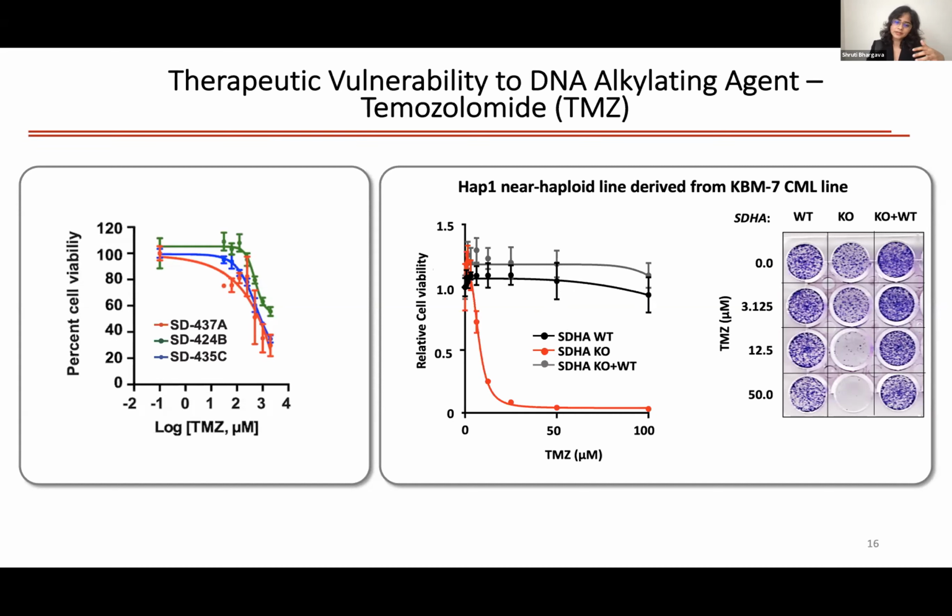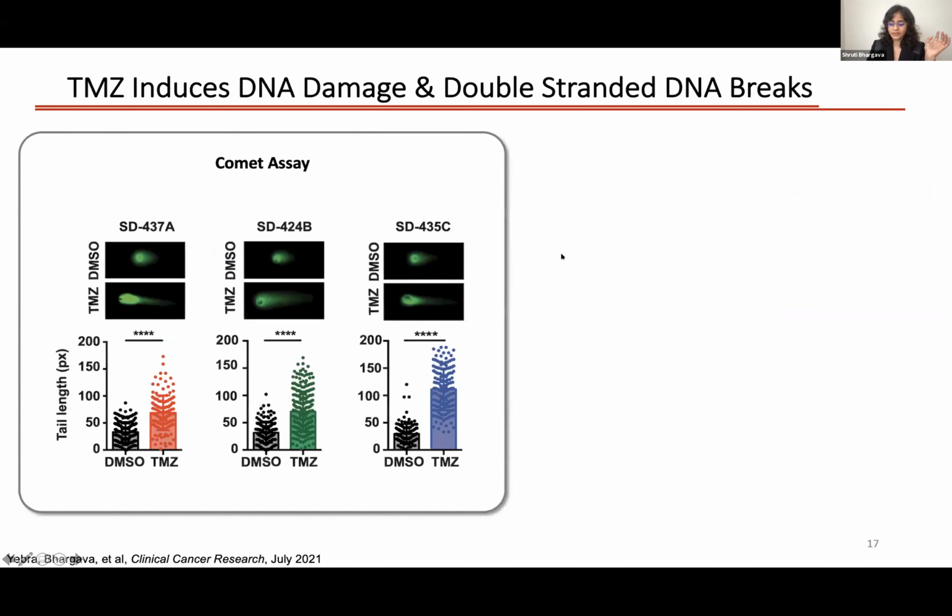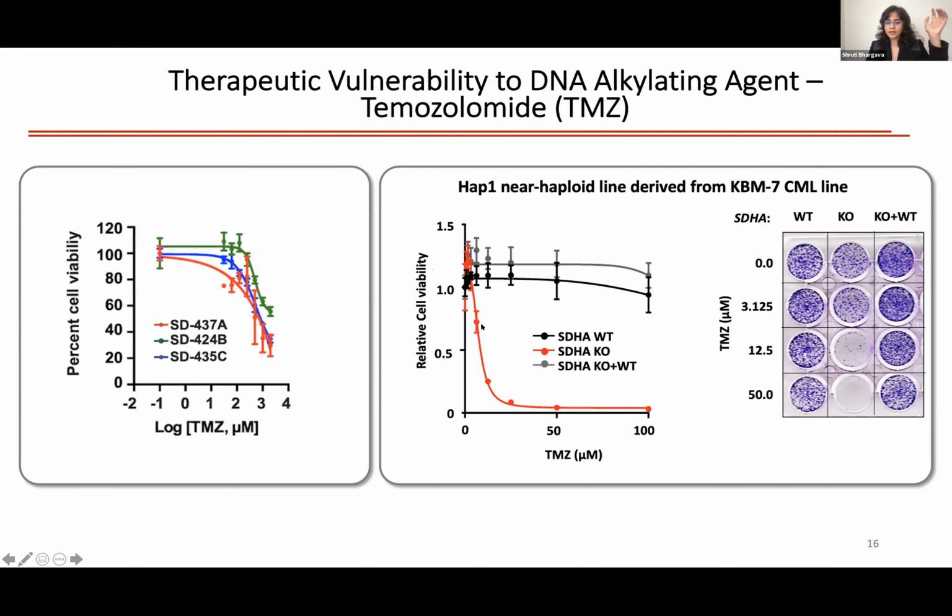We also did a rescue experiment where we overexpressed the SDH-A subunit again in the deficient cell line. If you see the therapeutic response to temozolomide, the wild type cells are mostly refractory to temozolomide. Then when we do a knockout, they become sensitive. But when we place the gene back again and the complex is functional, it again becomes refractory to temozolomide. So indeed, the temozolomide sensitivity is associated with the functional SDH complex.